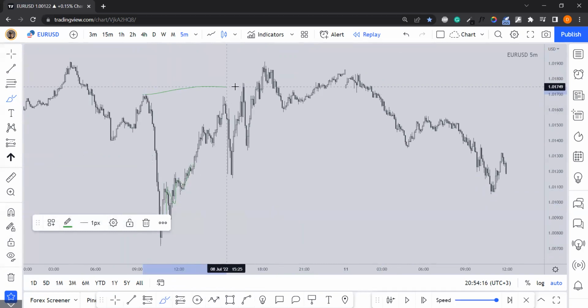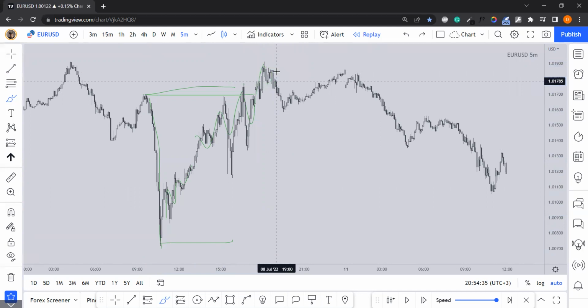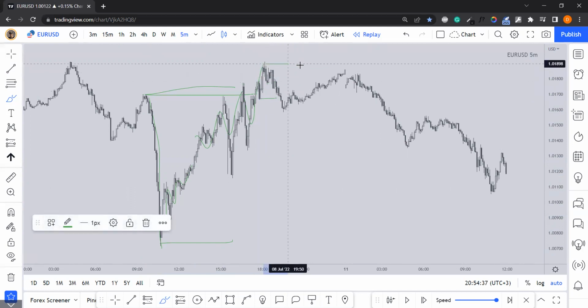So actually at this point, as you can see, we had this huge push, and now we just shifted bullish with this candle. Okay, so at this point we have no total confluence, but later, if we trace the price, we had this range, and now we just shifted bearish even on 5 minutes.